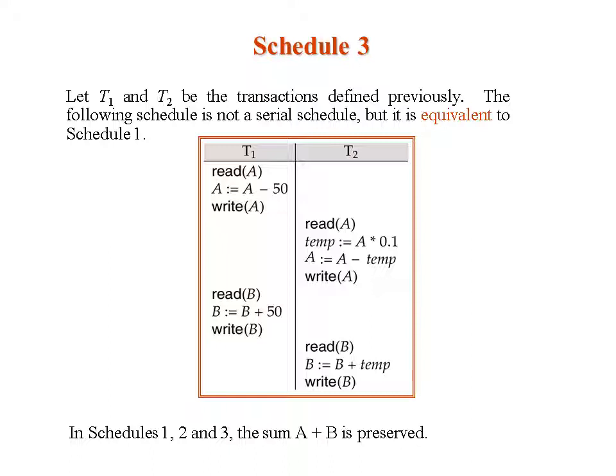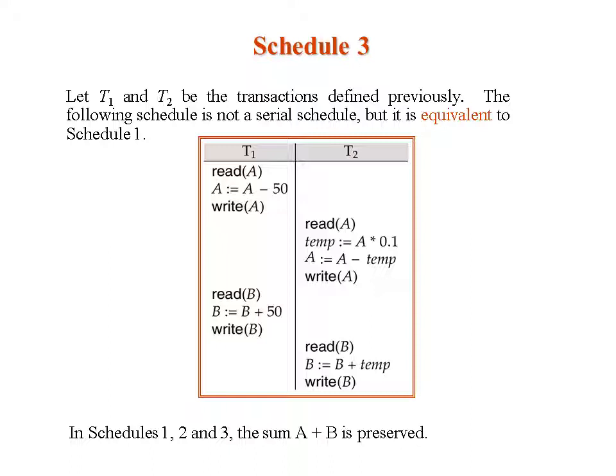Similarly, in here also, if we check, we are also going to get the sum A plus B as 3000. This is a concurrently executed schedule, not a serial one, but we are going to get the same consistent state. So we can say that this schedule 3 is also equivalent to schedule 1. So in schedules 1, 2 and 3, the sum A plus B is preserved.